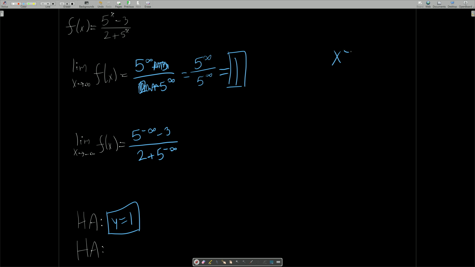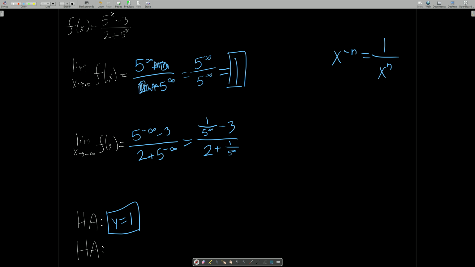Well, any number to a negative power just equals 1 over that number to that power. So you can rewrite this as 1 over 5 to the infinity minus 3 over 2 plus 1 over 5 to the infinity.